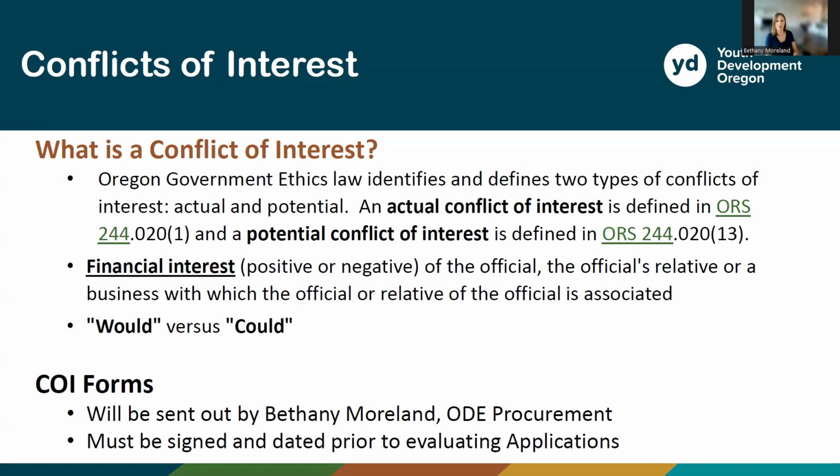So an actual conflict of interest would speak to there being a financial interest that would take place if you were to evaluate a certain organization, versus potential would be there could be financial interest. And it's important to note that the financial interest can be both positive or negative for yourself, a relative of yours, your business, a business of the relative.